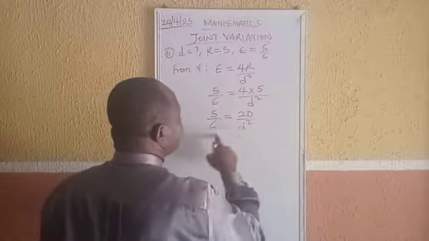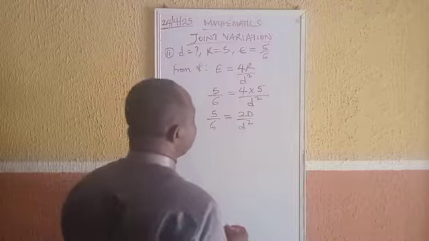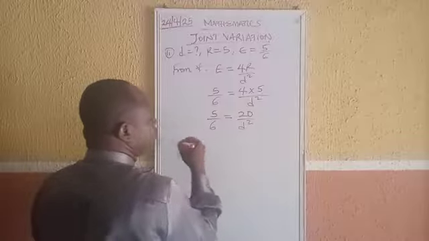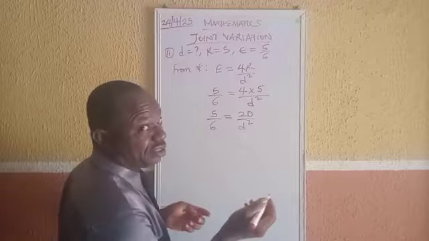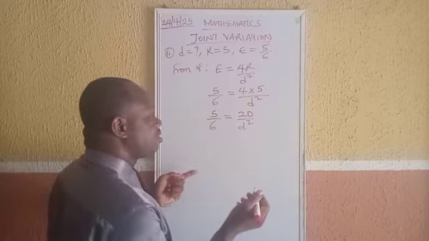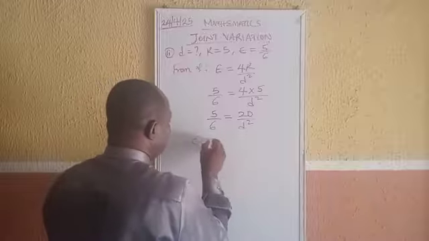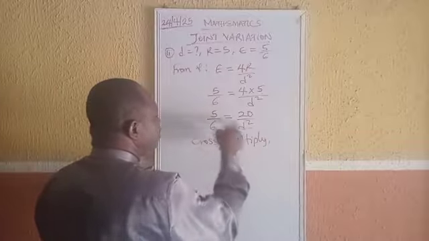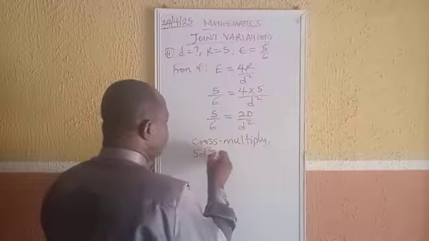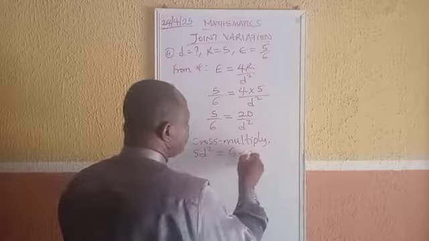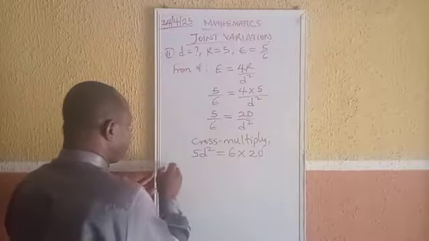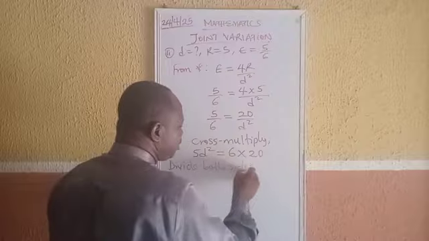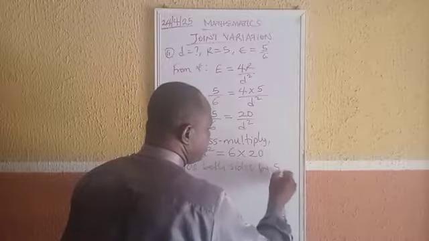We multiply both sides by the denominator, 6d square, or we can cross multiply, whichever way we want. Let's cross multiply. Five times d square is 5d square equals 6 times 20. Divide both sides by 5.